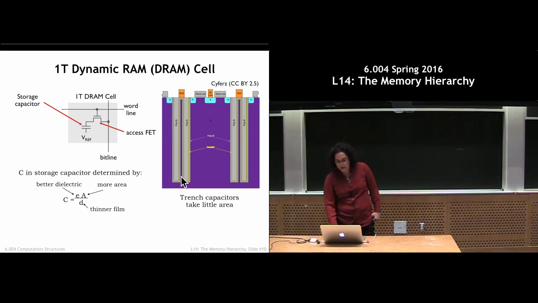Notice that you can get a pretty big area here without affecting the size of your integrated circuit, because you have only gone into the substrate, which was already there. So that's one mechanism that we can use in order to increase our capacitance, by increasing the area.